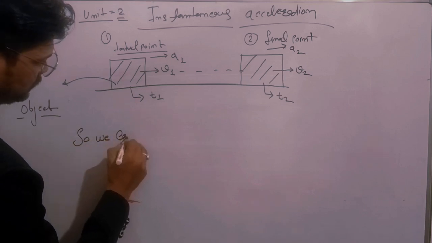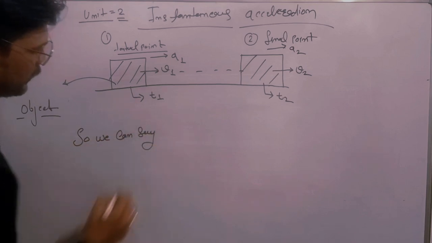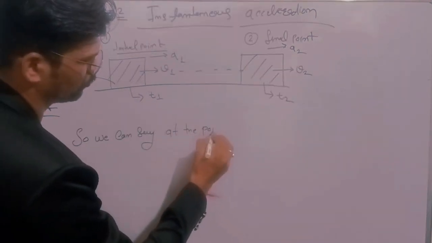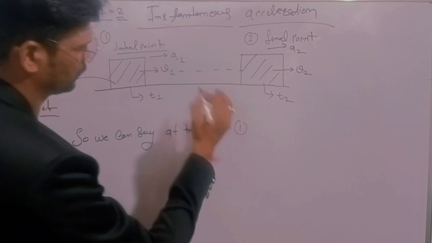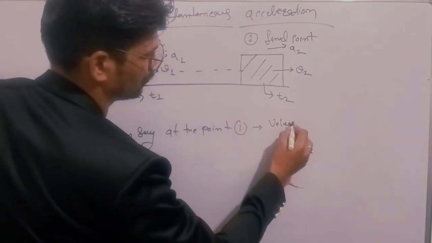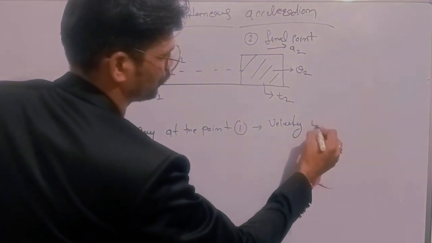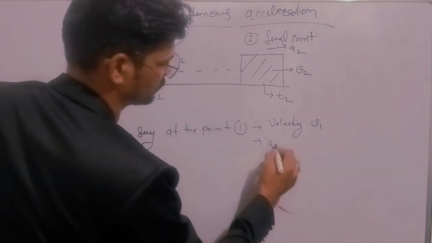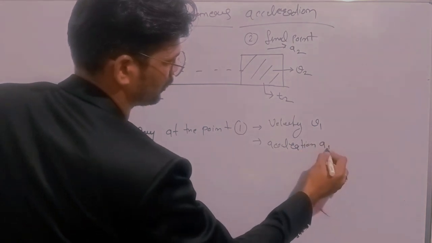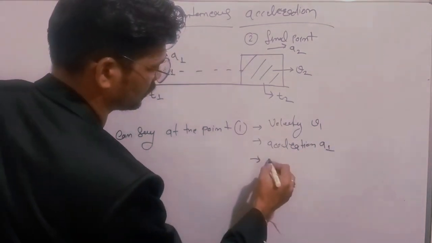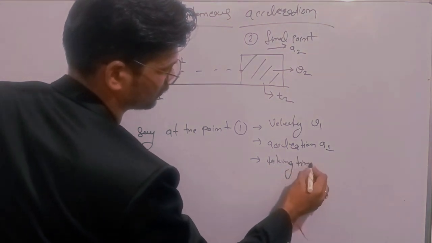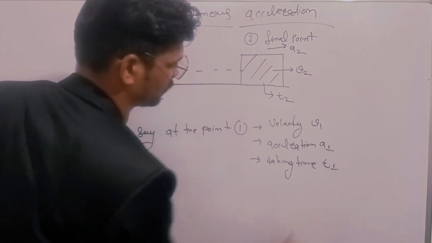So we can say at point 1, velocity v1, acceleration a1, and taking time t1.